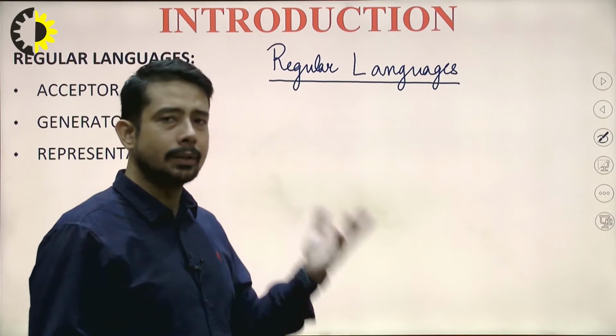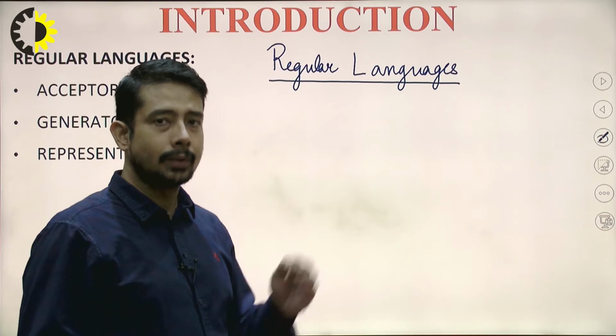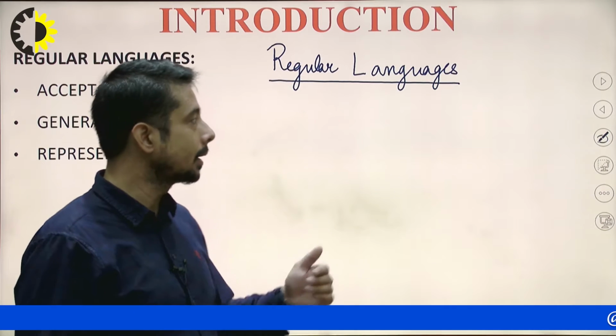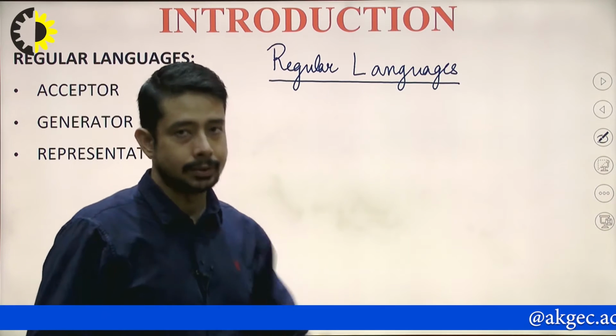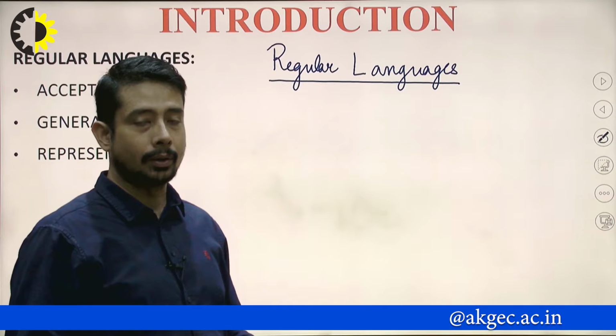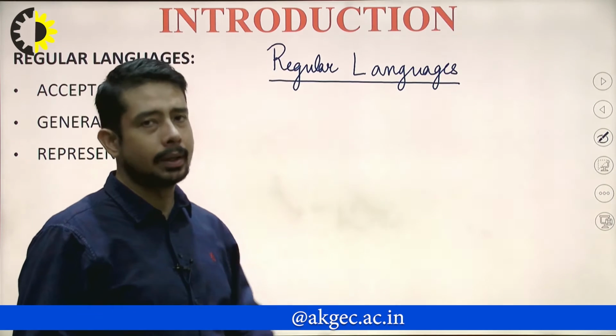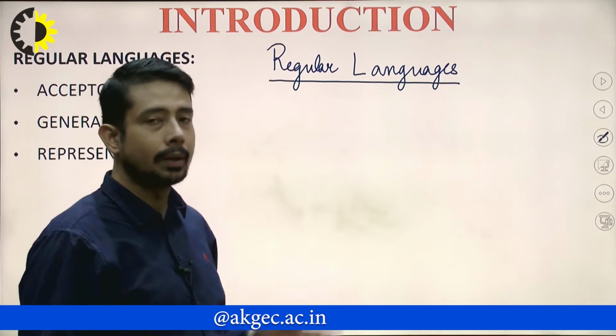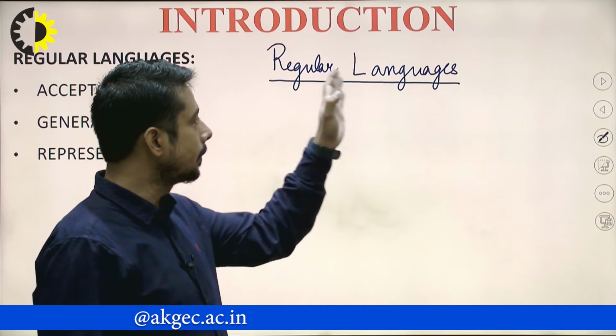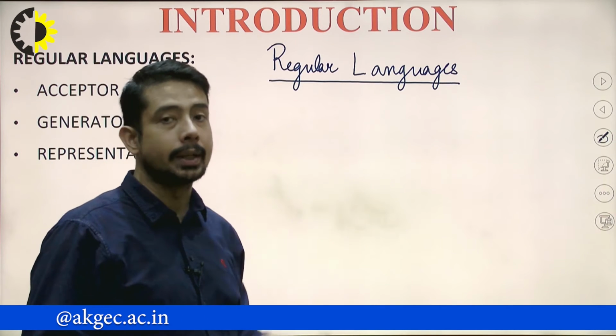Then, based on the demerits of the machine, we optimized the machines, and then the languages change. We will come across that concept in the third unit, but in this unit we will discuss regular languages properly, and I will describe the hierarchy of these languages.